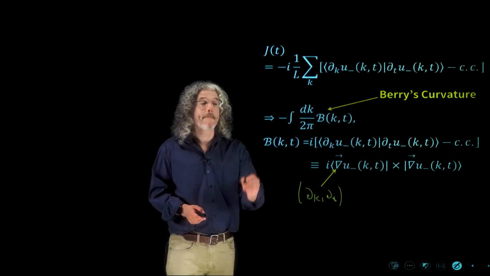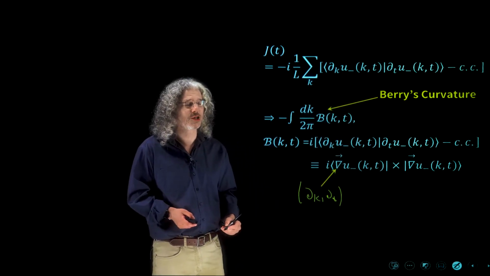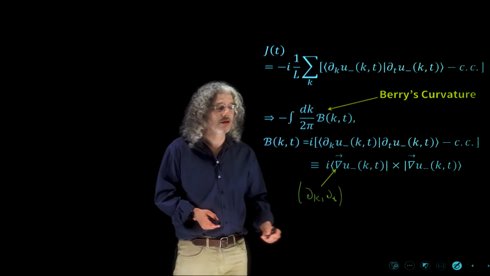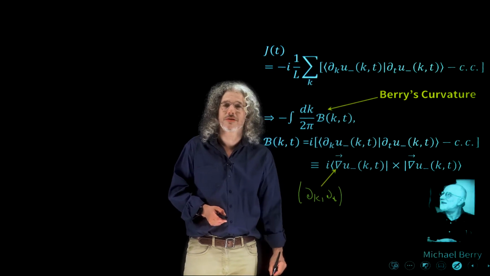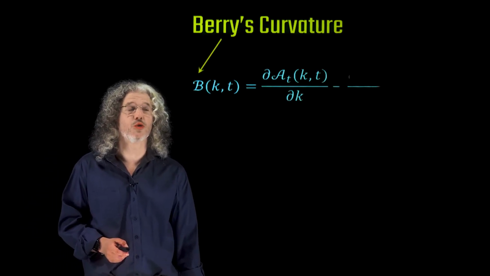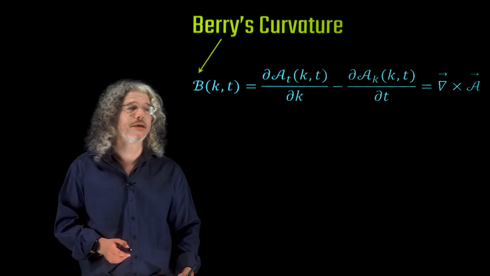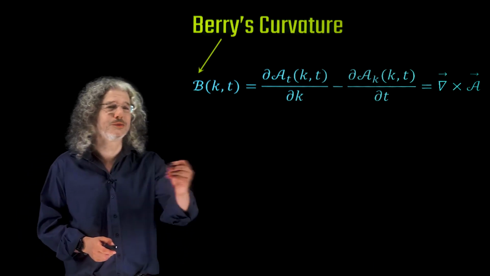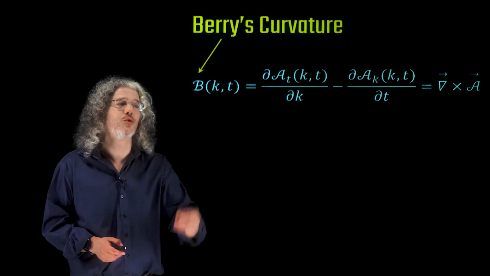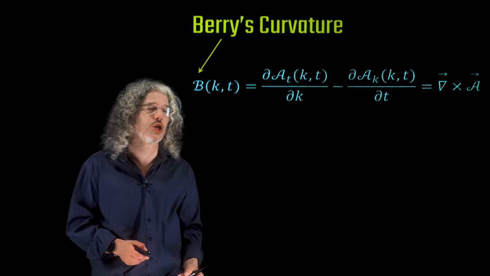Now this term B is the Berry curvature. So we define the Berry curvature for this expression. This was the definition of the Berry curvature in terms of B, but we can also write it in terms of a curl of A. We use the letters B and A to remind us of magnetic field and vector potential.